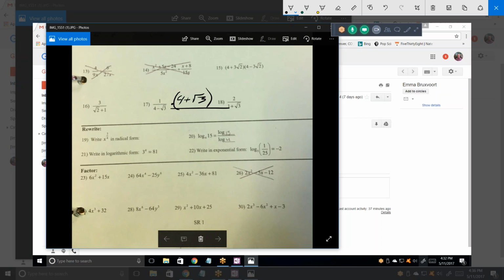Parentheses are important, because I have to multiply that term by that term. I'm not multiplying just one term by one term. I'm multiplying a binomial times a binomial. Okay? Well, it's easy enough what we have on the top. What do we have on the bottom?